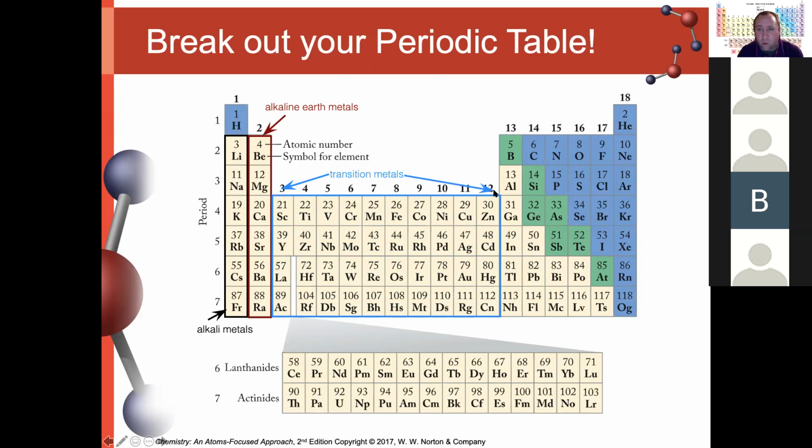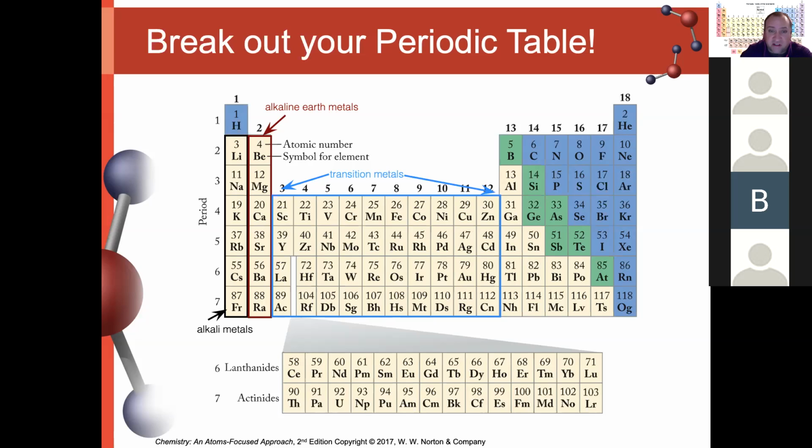Some of these are quite reactive. Some of these are lesser in their reactivity. Overall, they are far less reactive than the alkali or the alkaline earth metals. And the other thing that we should notice about them is that they have some coloration to them. These are metals that have the possibility of not being silver. And when they dissolve in water, can make some really colorful solutions. They have the possibility of having multiple charges.